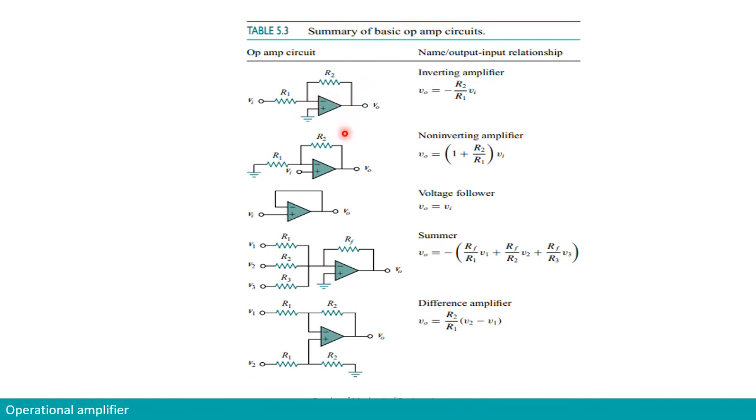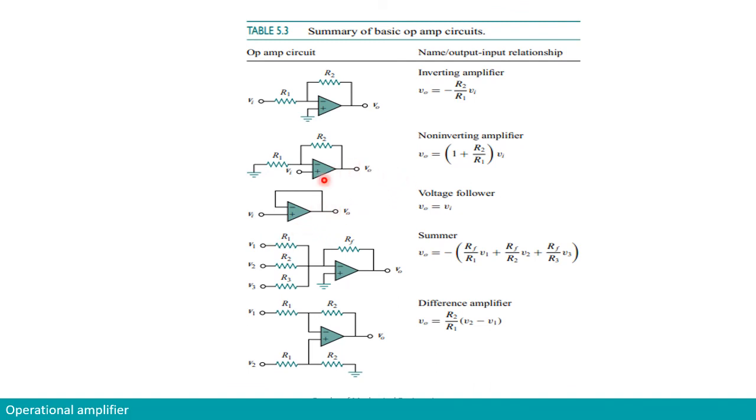The same thing could be done for others. For those that we have demonstrated, the inverting, non-inverting and summing amplifiers, we can directly use the results that have been demonstrated. But there are also others that we haven't demonstrated, though we can do them as well if you have time.